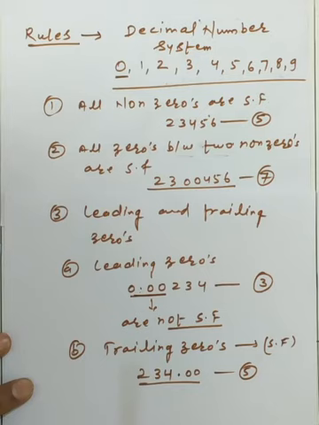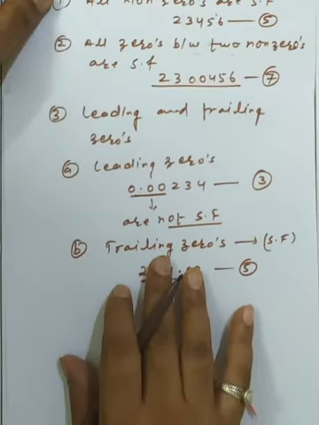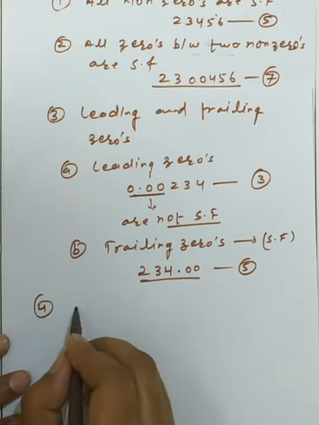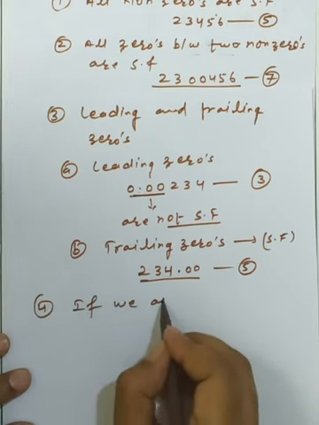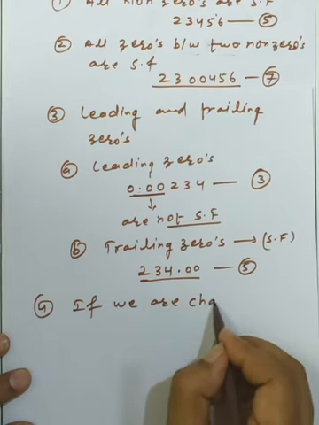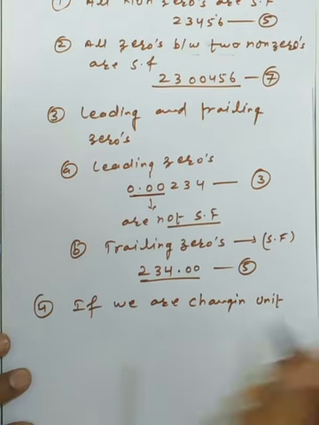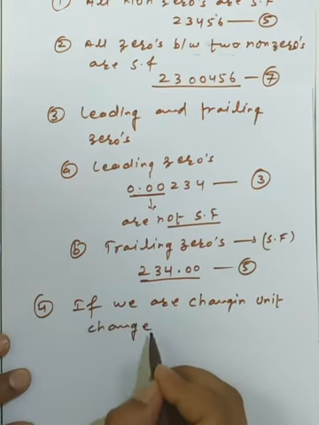Now we have another rule, rule number 4. Suppose we are changing the unit system. Could it be possible that there is a change in the SF?